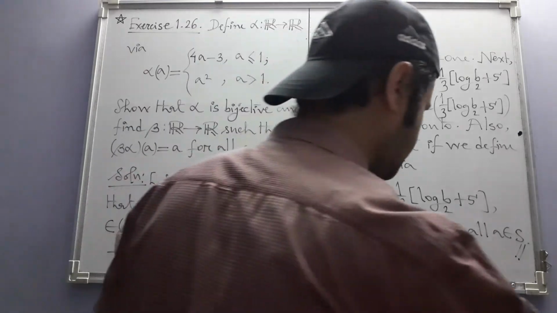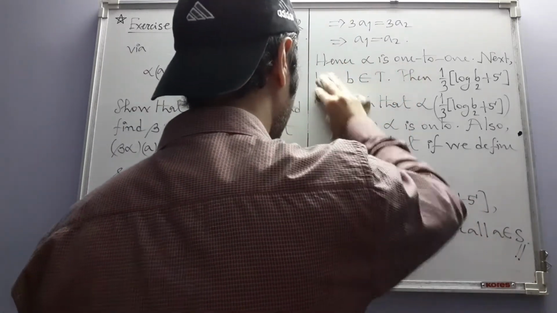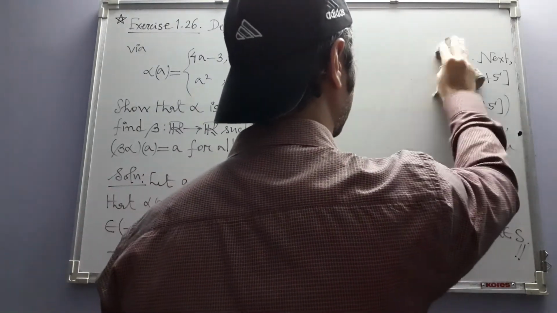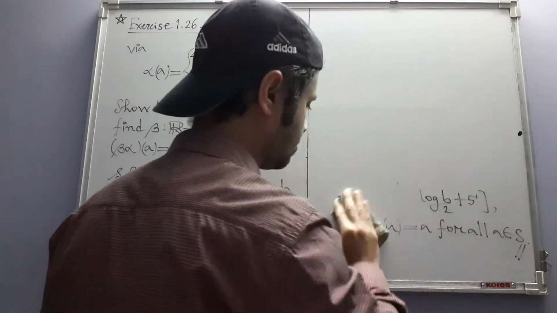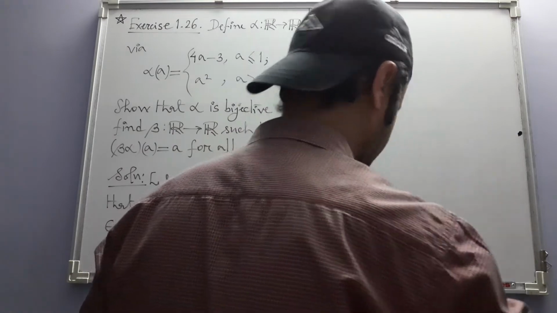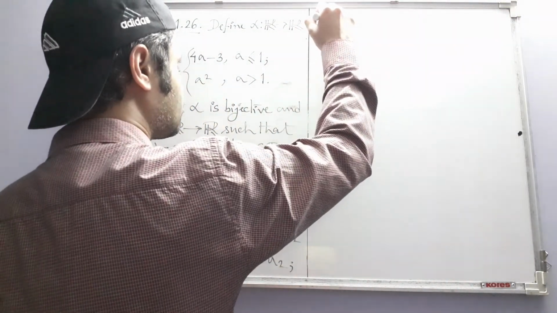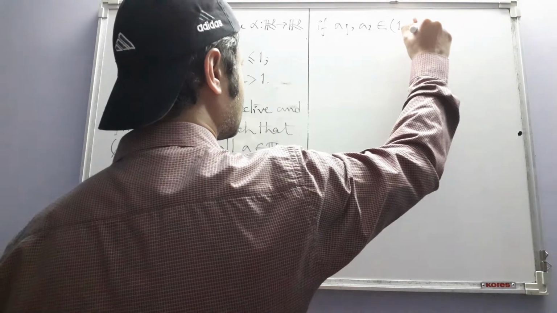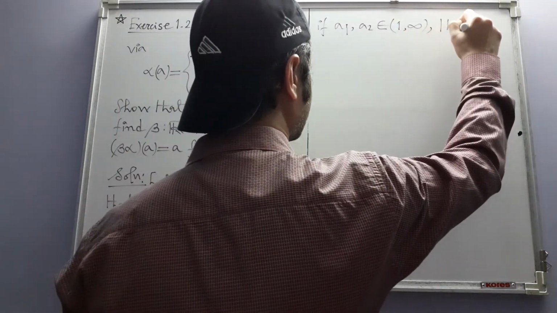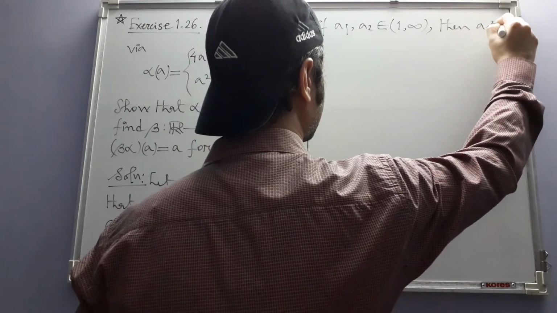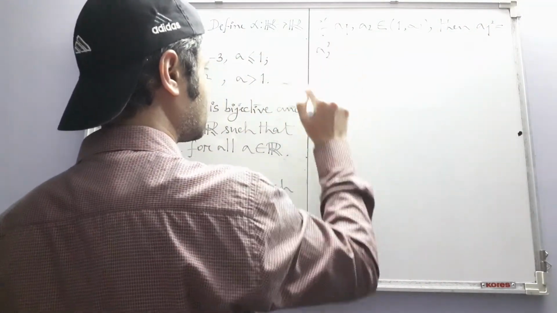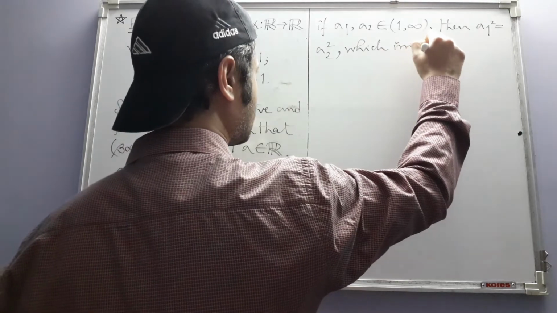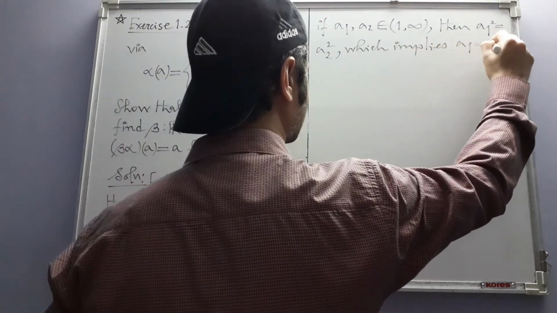On the other hand, if a1 and a2 are both greater than 1, then we have to use the square part of the formula. Which implies a1 is equal to a2.